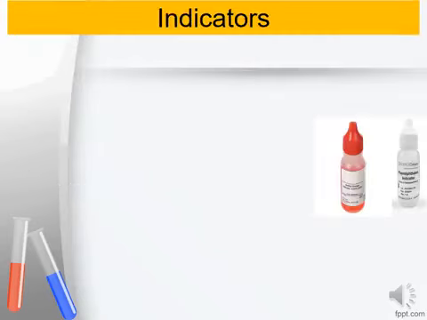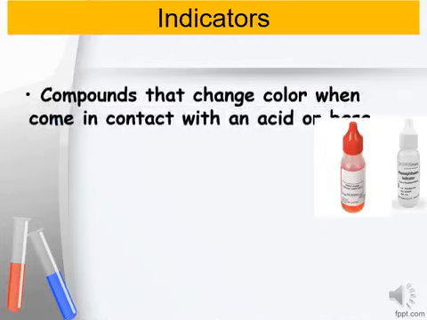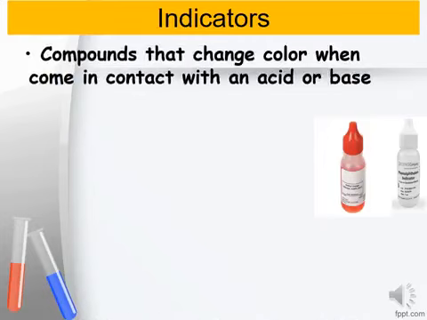Now we are going to take the other, qualitative. Qualitative means that it will tell acid or base or neutral. For the qualitative method, I have chemical indicators and litmus paper. Indicators or chemical indicators are compounds that change their color when in contact with acid or base.